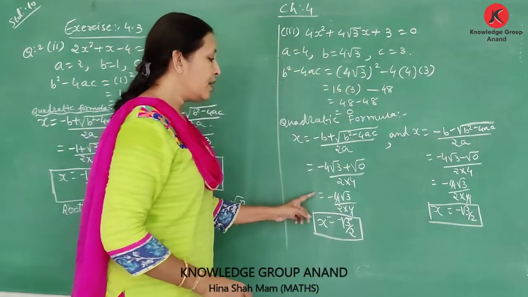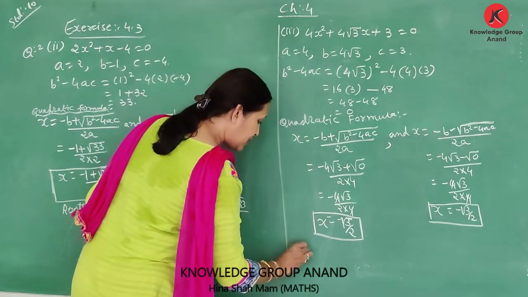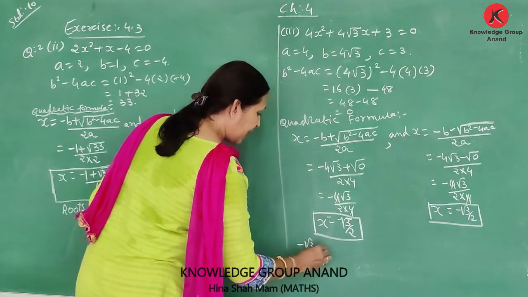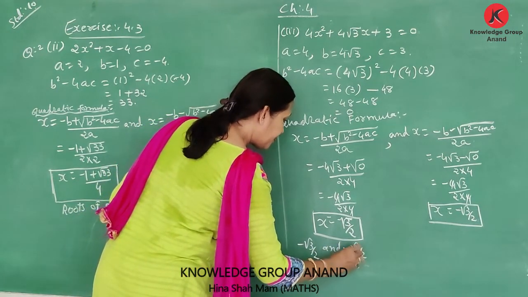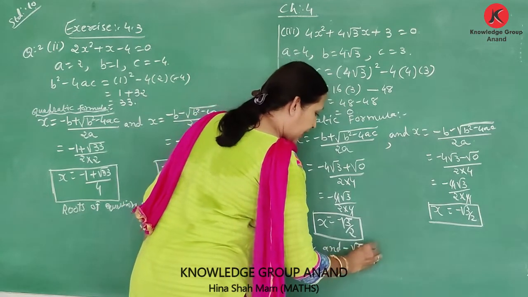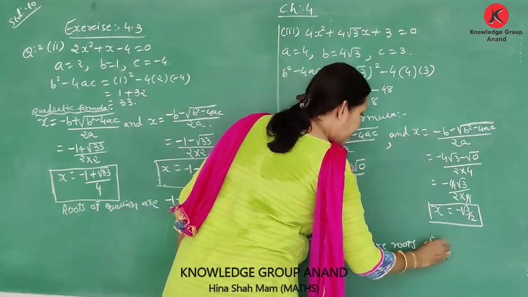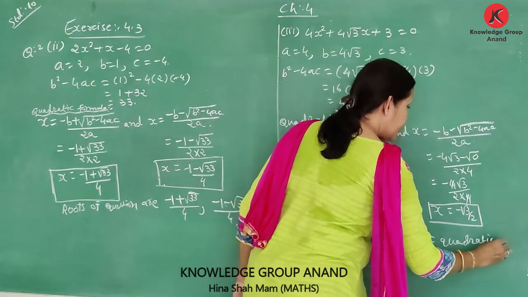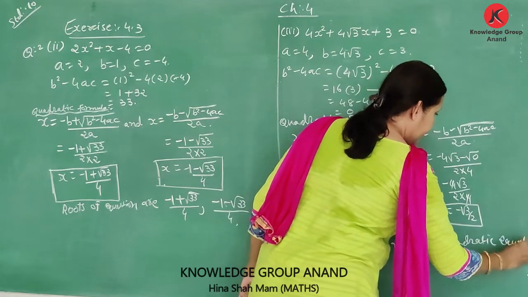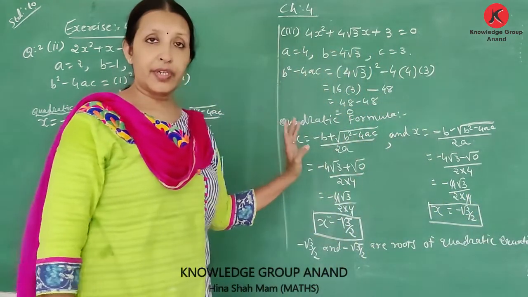Then we say the roots of the equation are minus root 3 by 2 and minus root 3 by 2. Same roots are the roots of the quadratic equation.